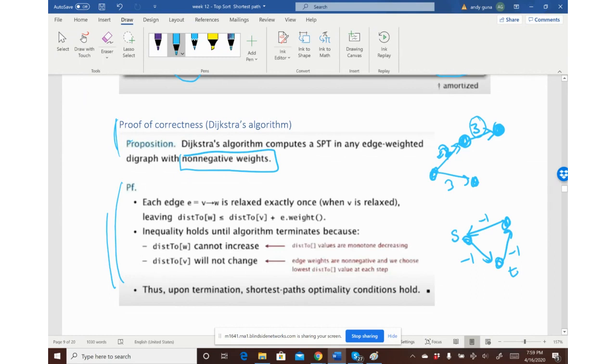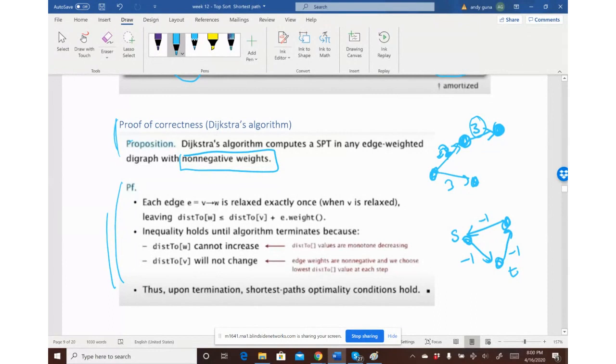Suppose you have a graph like this with negative weights. What is the shortest path from S to T? You could say -3, but you can find a shorter path than that.